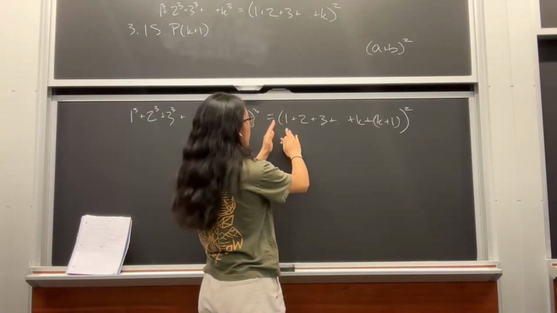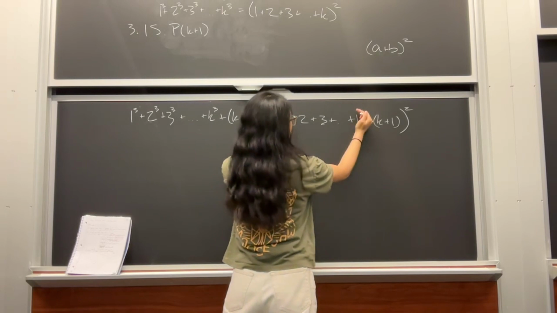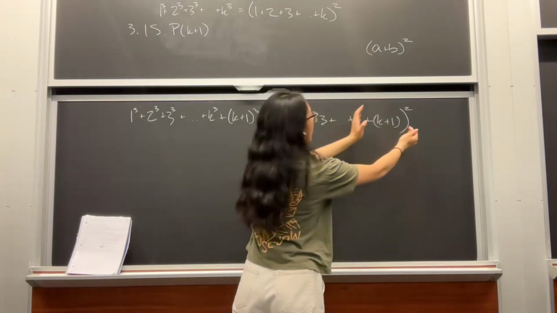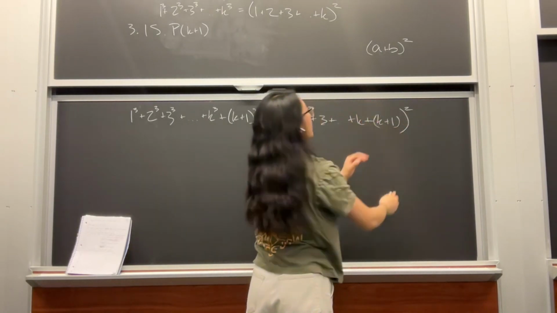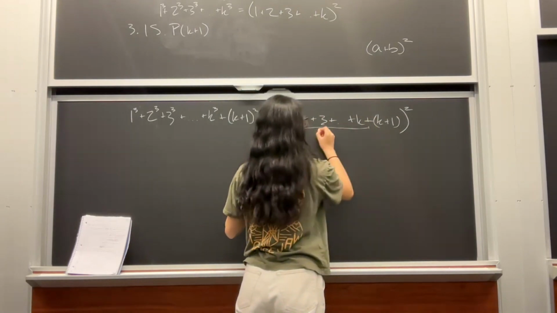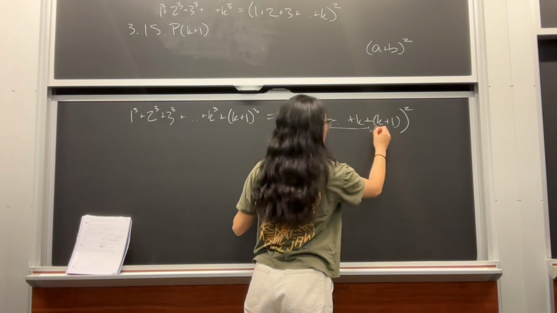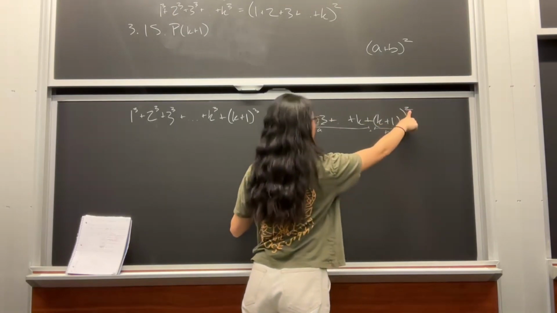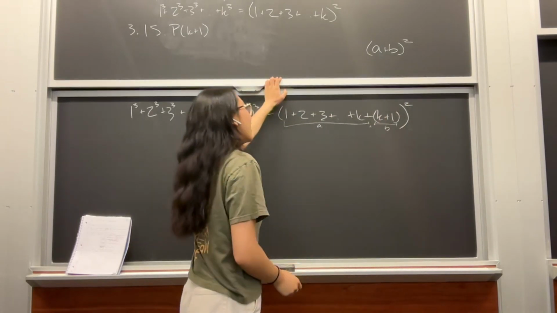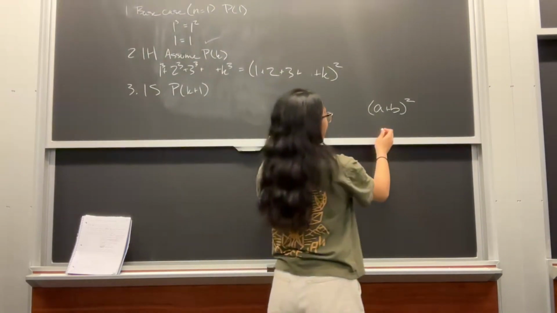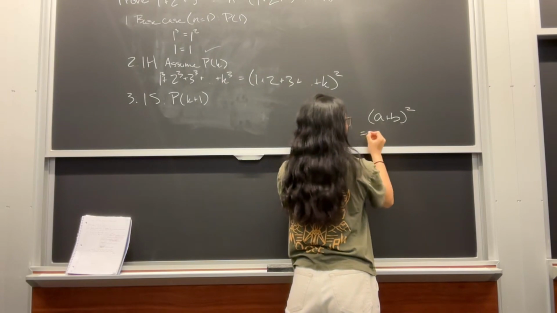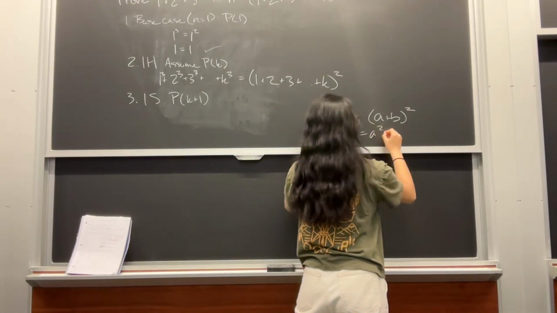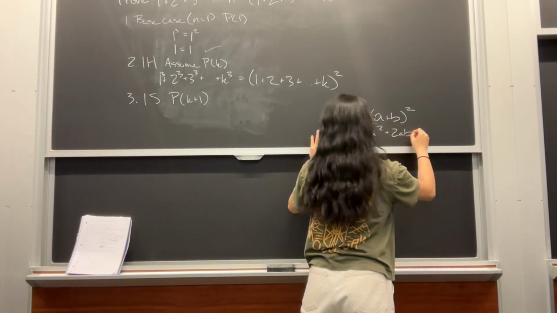It's kind of what I'm seeing here, where if we pretend that this whole side is a and our k plus 1 term is b, we have sort of an (a+b) squared situation. And hopefully you remember that (a+b) squared is equivalent to a squared plus 2ab plus b squared.